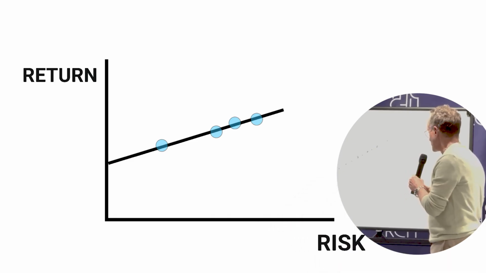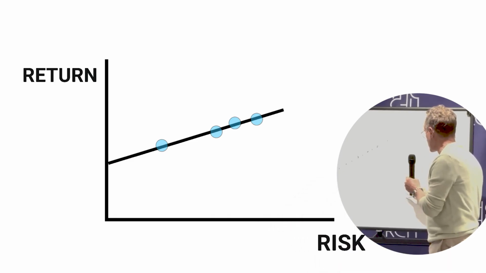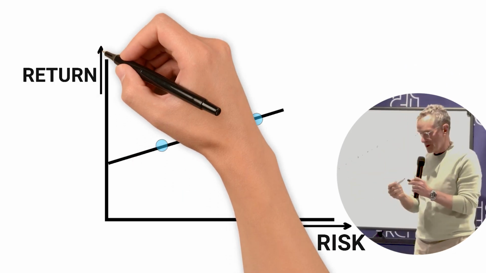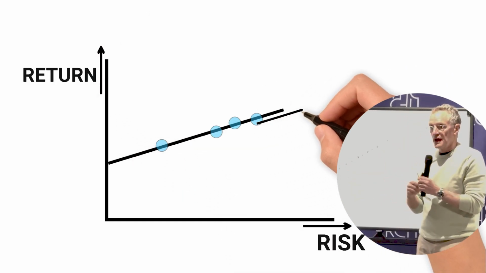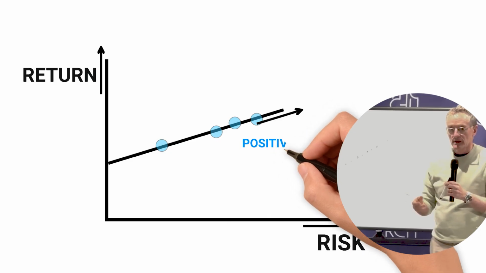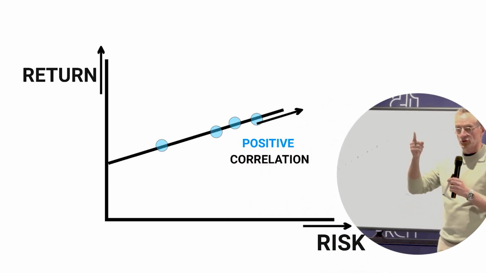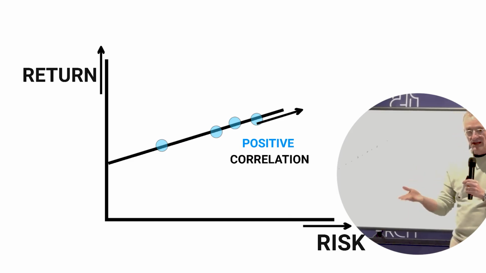Basically what it says is that as the risk increases, the return increases. That's why the line slopes up and to the right. That's what we call a positive correlation. The two are connected positively. A negative correlation is if one goes up, the other goes down. But these are positively correlated.